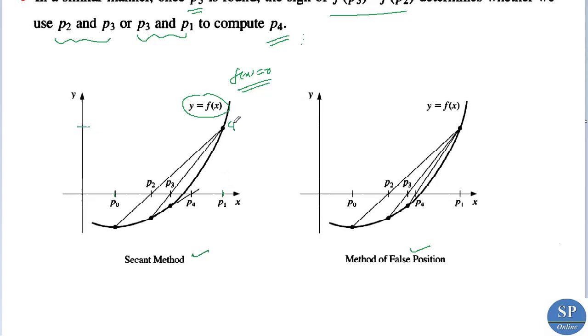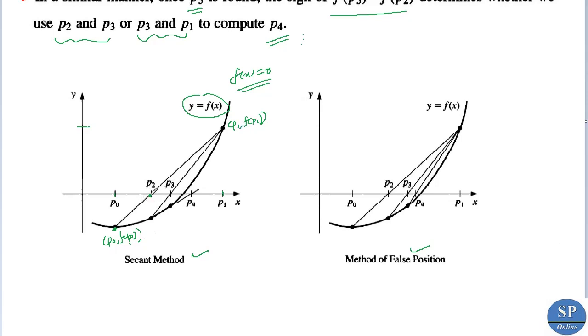So this point will be P1 comma f of P1. And to find P2, we are considering this is the point P0 comma f of P0. So we take P2 as the x-intercept of the line joining the points P0, f of P0 and P1, f of P1, and this is P2.